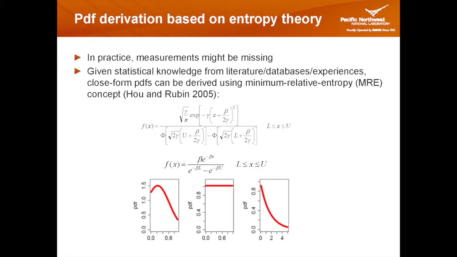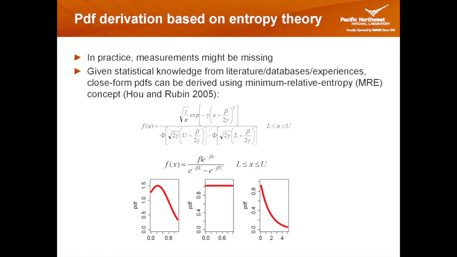They have a lot of nice work on using relative entropy theory to define the probability density function. So this is the formula that I'm showing you. This one is called the truncated normal distribution. This one is called the truncated exponential distribution. You can forget about the mathematical stuff for now.